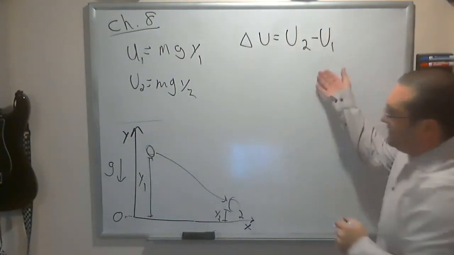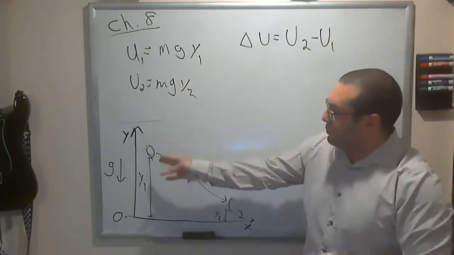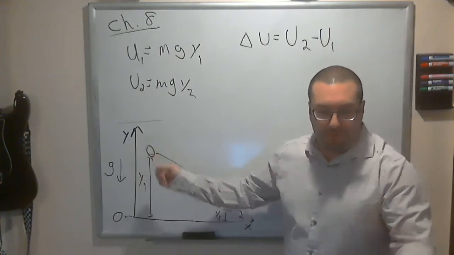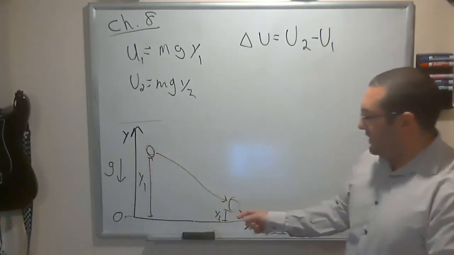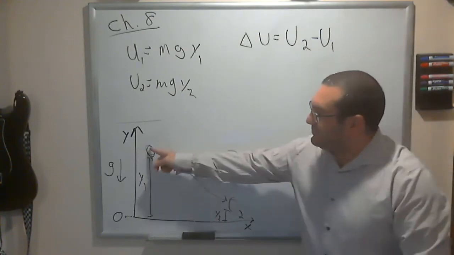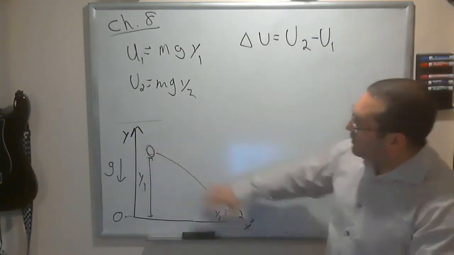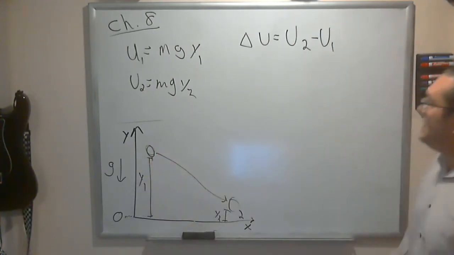It makes perfect sense. Potential energy is just the potential for that force to do work on a system, in this case a ball. And if it drops from this height to this height, it loses potential energy. So it does work on this ball when it falls down here.